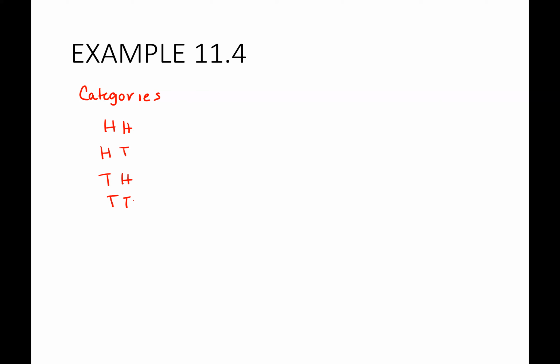So we need to decide what we're going to look at. You could do it either way. You could do the number of heads or the number of tails. Either way, you're flipping two coins, you got a head, you got a tail. So I'm going to count the number of heads I get versus the number of tails I get. So I can't do it this way.